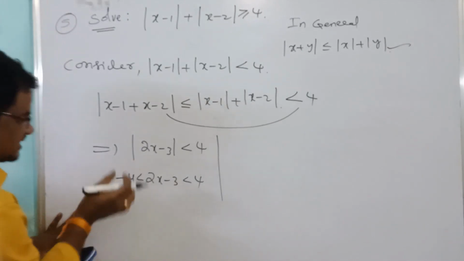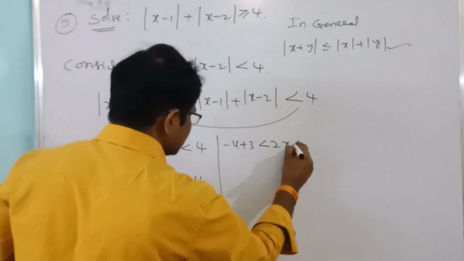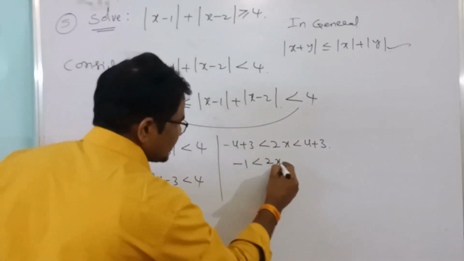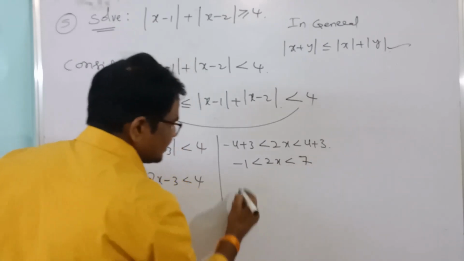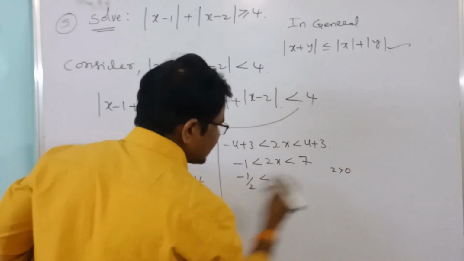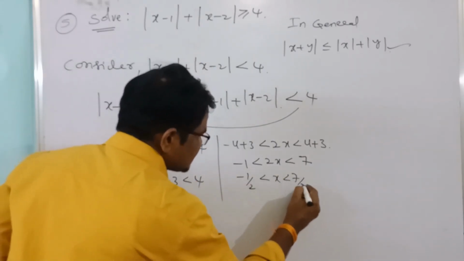We have to eliminate the −3, so −4 + 3 < 2x < 4 + 3. So −1 < 2x < 7. Dividing by 2, −1/2 < x < 7/2.